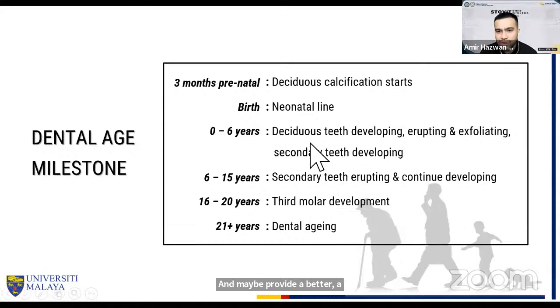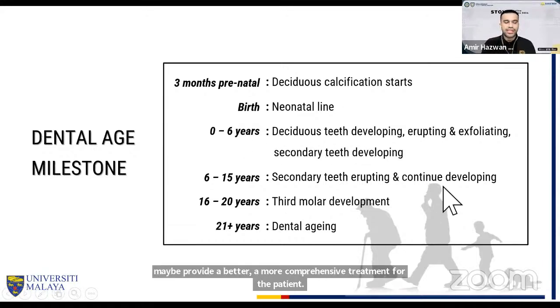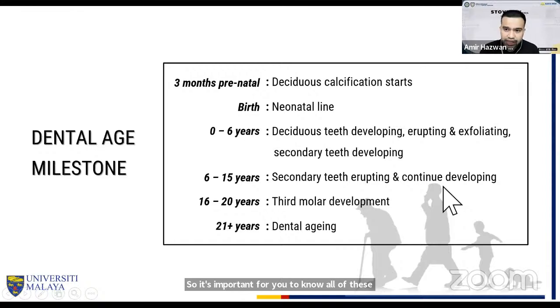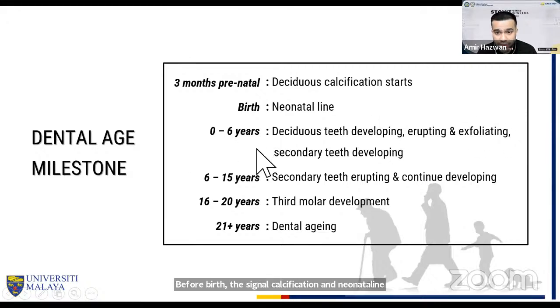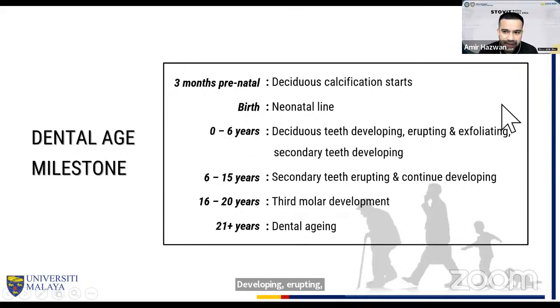So it's important for you to know all of this timeline when you are expected to see all of these developments occur. Before birth, we have deciduous calcification to be present, and at 0 to 6 years, as we know, deciduous teeth developing, erupting, exfoliating. But at the same time, this is what we see in the clinics or in the chair.